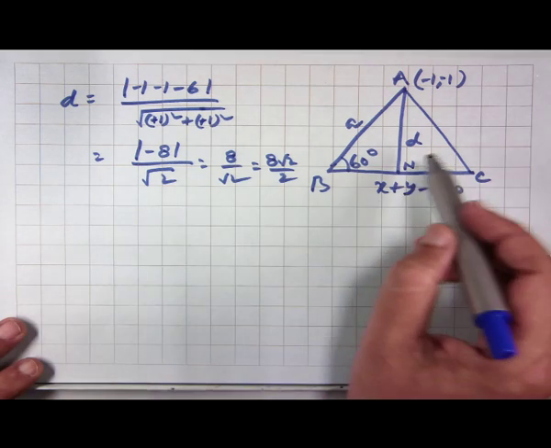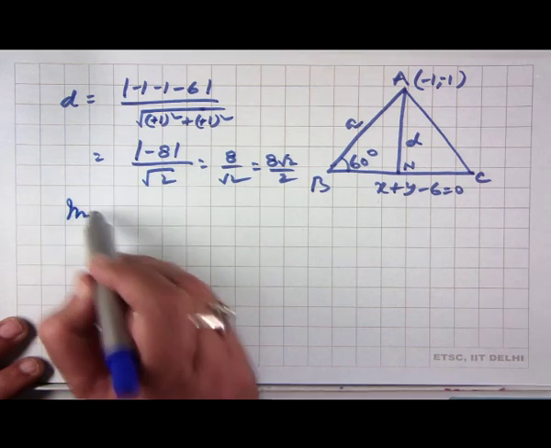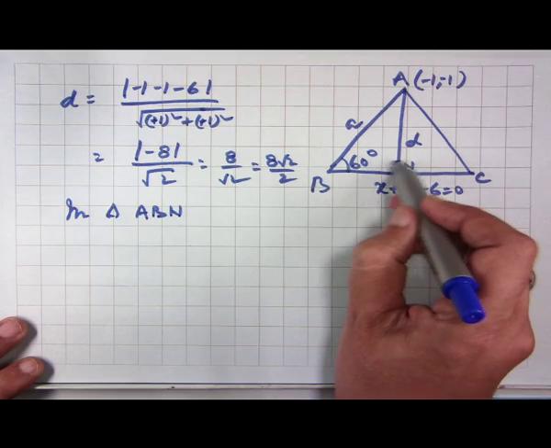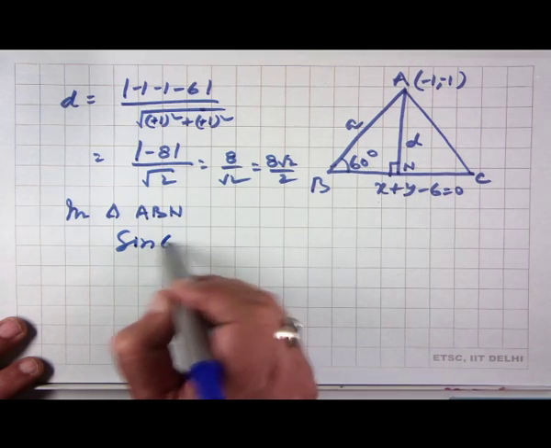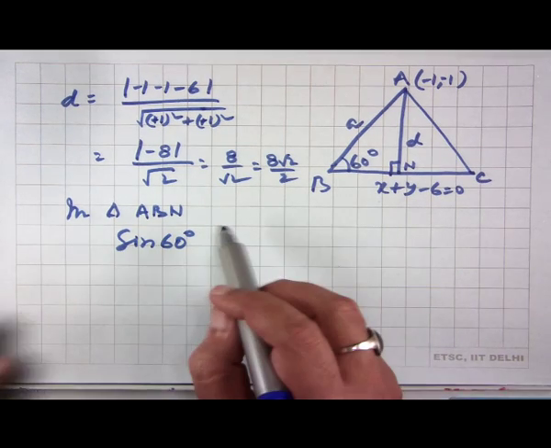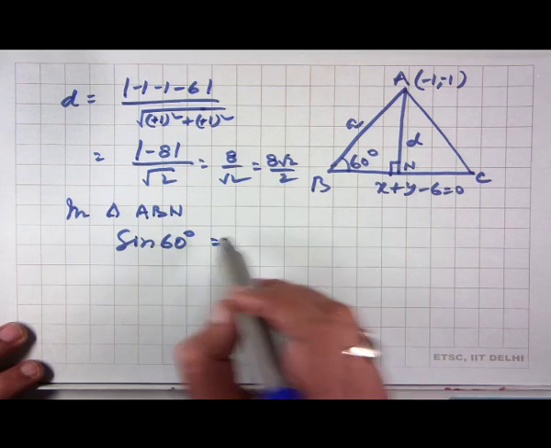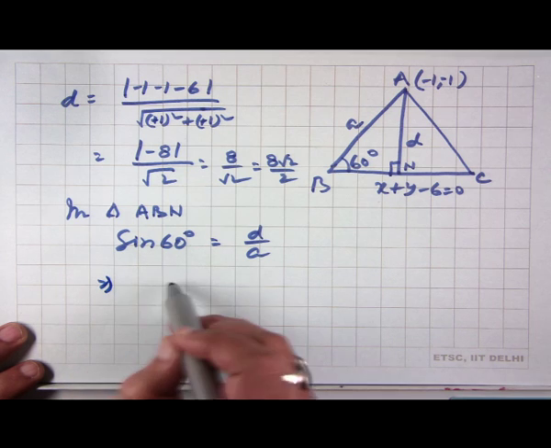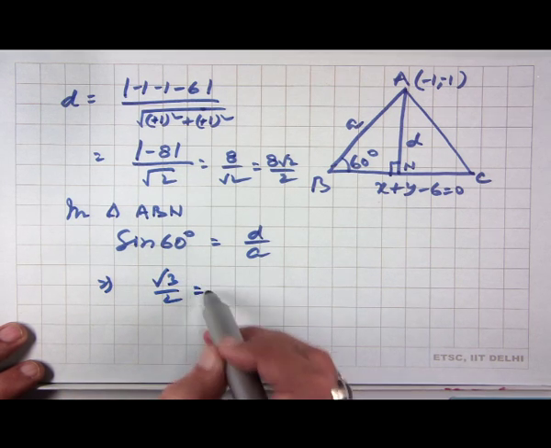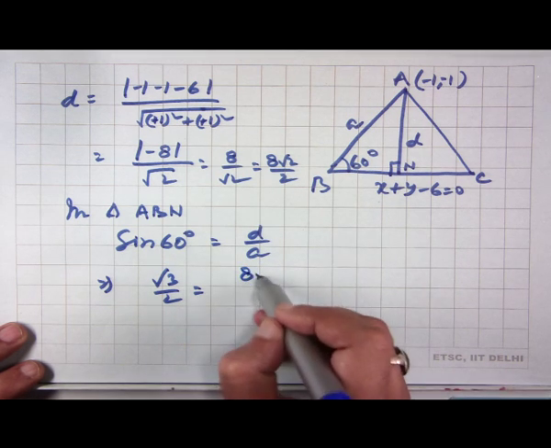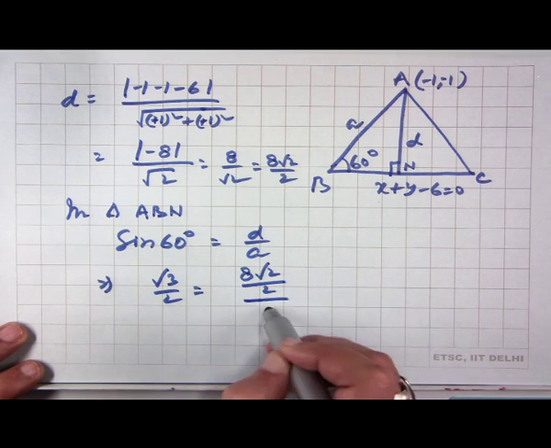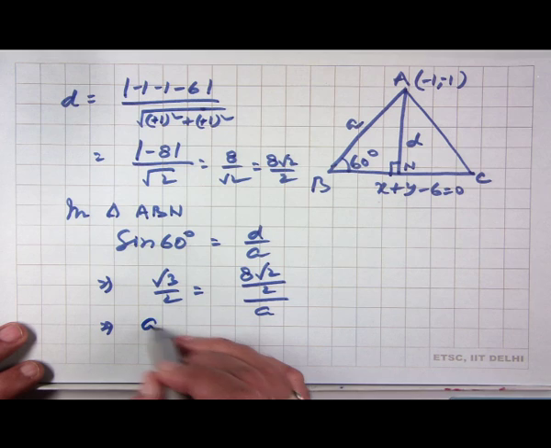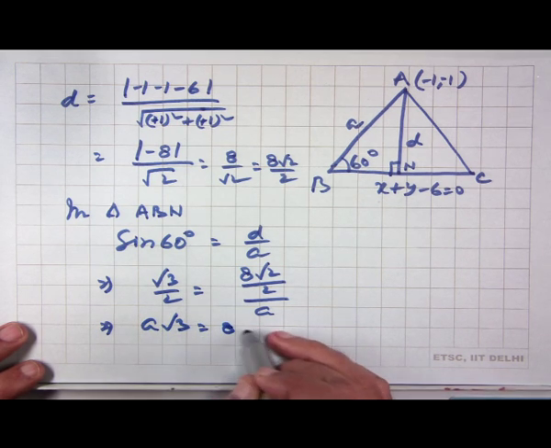And in triangle ABN, because N is 90 degrees, sin 60 degrees equal to D by A. So root 3 by 2 equals 8 root 2 by 2A. So A root 3 equal to 8 root 2.